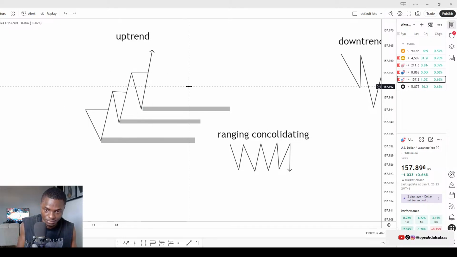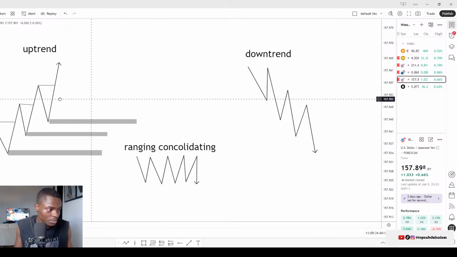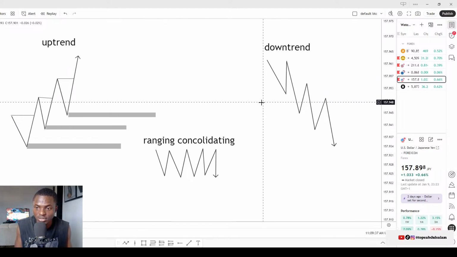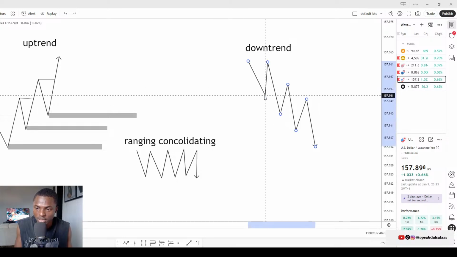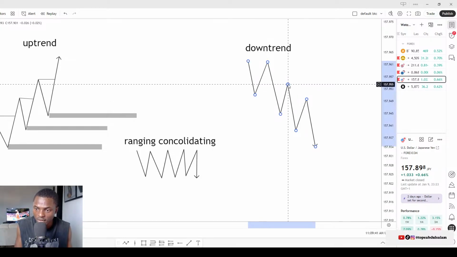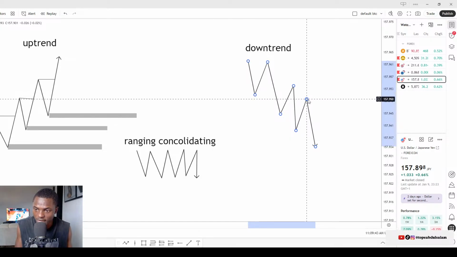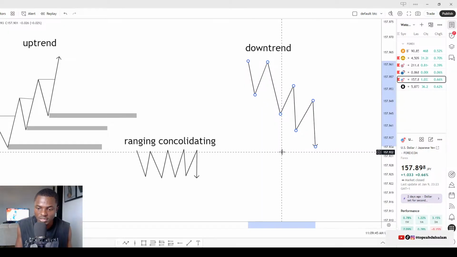So the same thing on a downtrend. If price is going down, the same thing, we have a break of structure and a point of interest. So price is going down. We broke structure here.